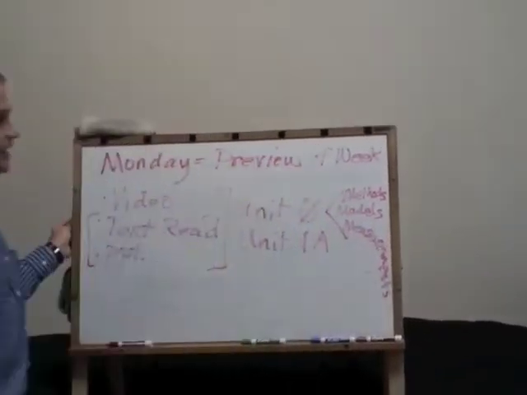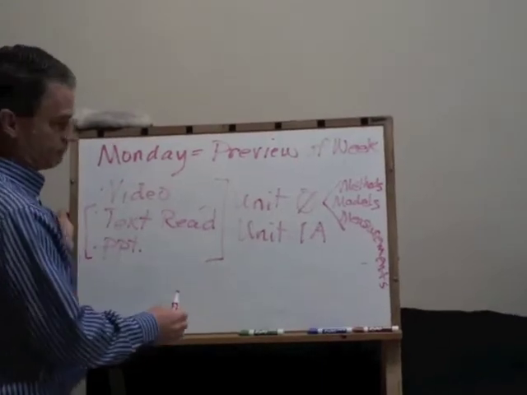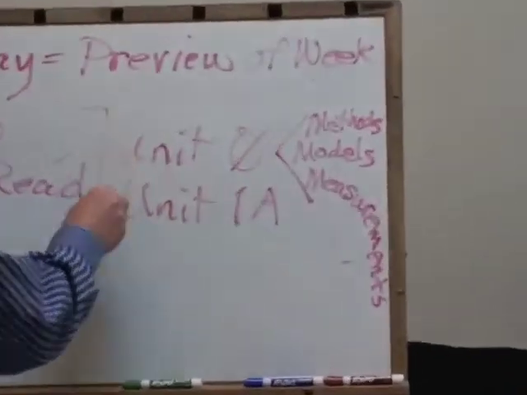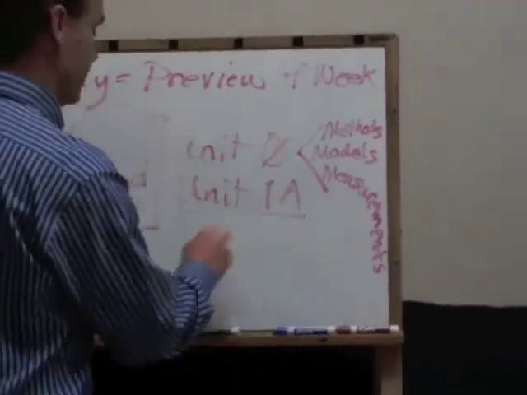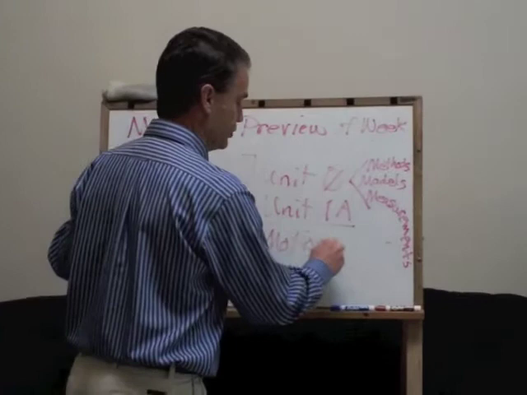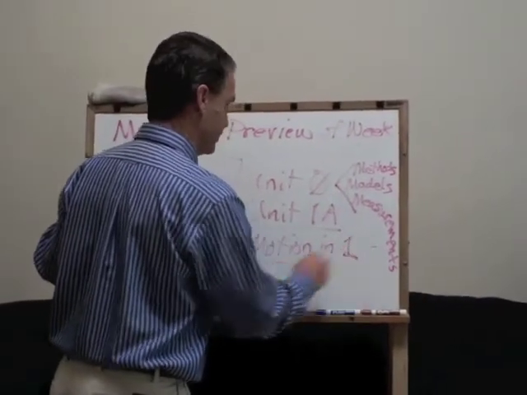Sorry about the funny writing. In physics, it's really an introduction to the overriding concepts of physics. And Unit 1A has to do with one topic, motion in one dimension.